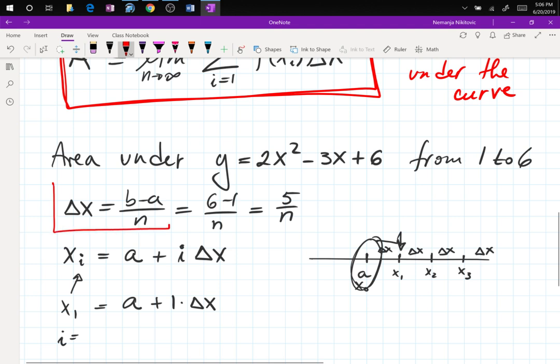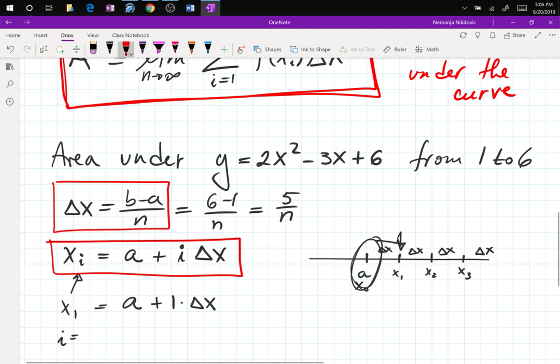So you have your delta x formula, and you have your xi formula here, which would compute locations at which we are computing for the function. So now, in our problem, xi is equal to 1 plus i times 5 over n.